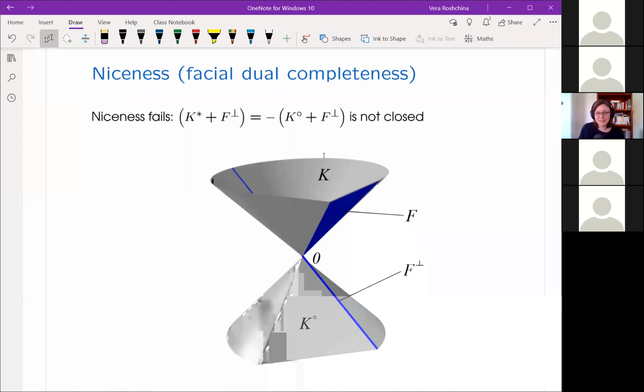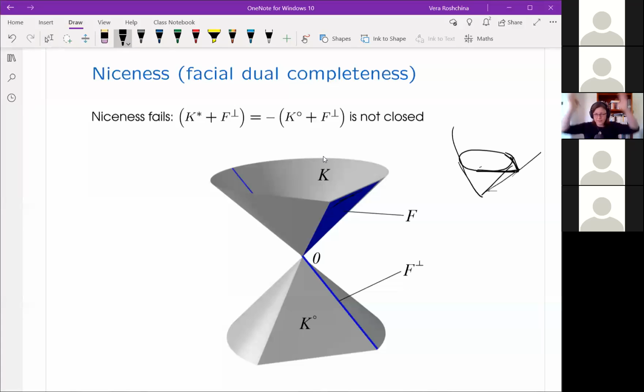So in this case, this particular sum is not closed. If I take this face, this 2-dimensional face of this cone, so this cone is just an ice cream cone with, say, an additional ray added, and I take the convex hull. Of course this cone is infinite, it's a cone, and it's convex, so the inside of this cone is part of this cone. Just the picture doesn't look that way.